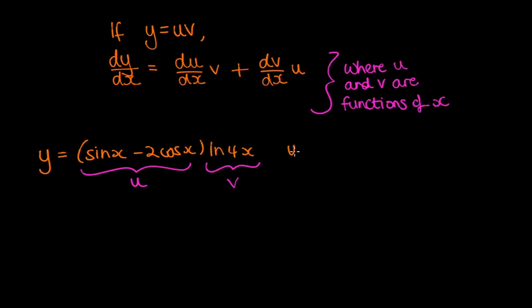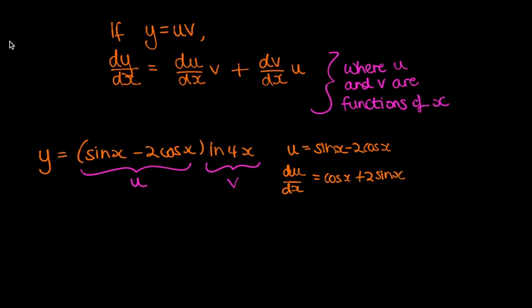So if u is equal to sine x minus 2 cosine x, then when we differentiate with respect to x, we get cosine x, the derivative of sine x is cosine x, and then we have the derivative of negative 2 cosine x, which is positive 2 sine x.